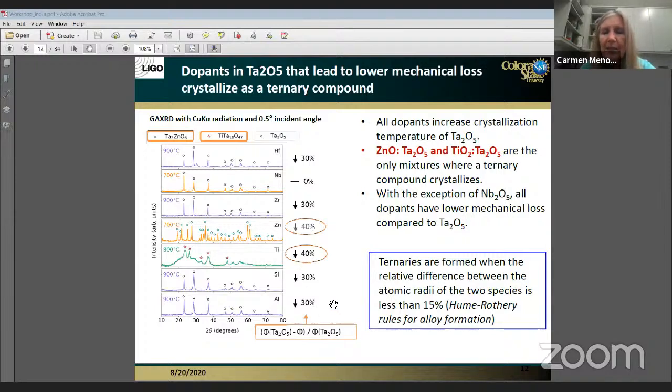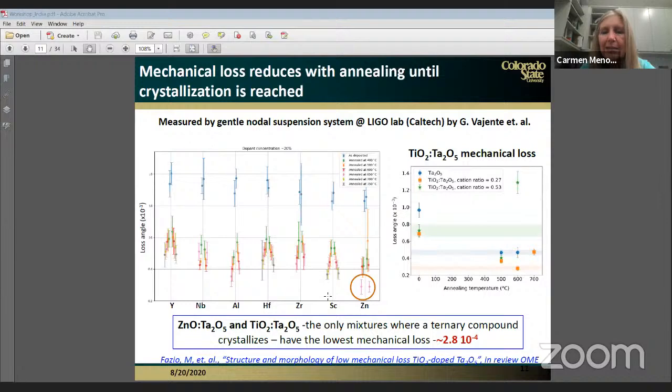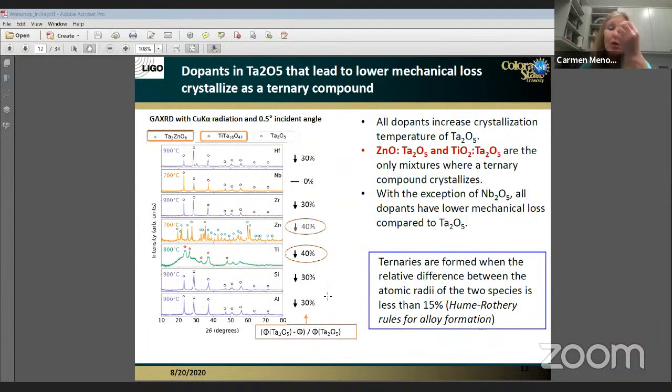And that's something that is guiding us in selecting the type of materials that we can use to realize low mechanical loss ternary alloys.